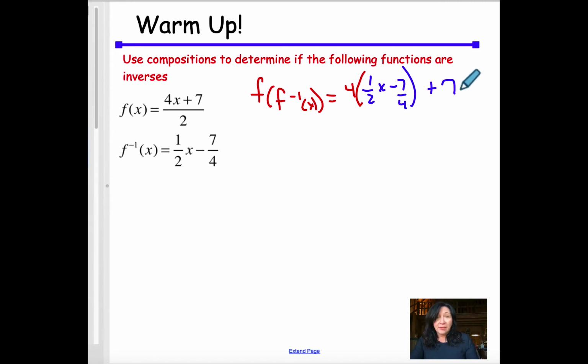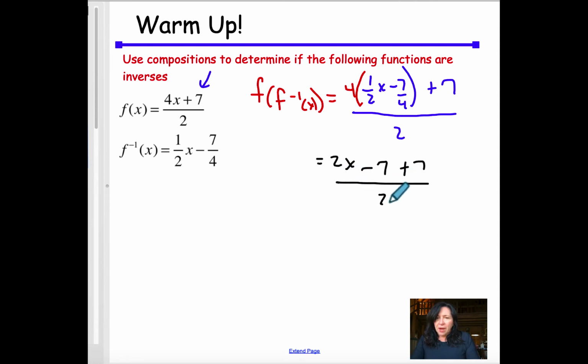Don't forget the add 7. That's this part right here, and then this is all over 2. So let's simplify. That's all we're doing. 4 times 1/2 x is 2x. And then 4 times -7/4 is minus 7. And then I have this plus 7.